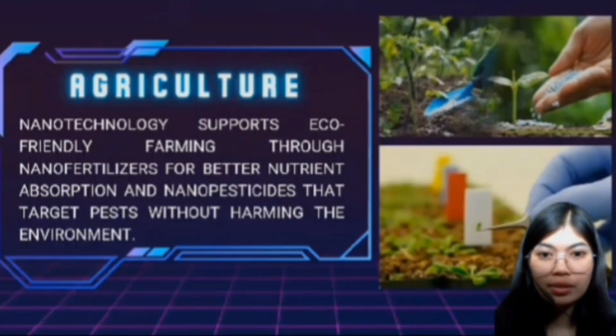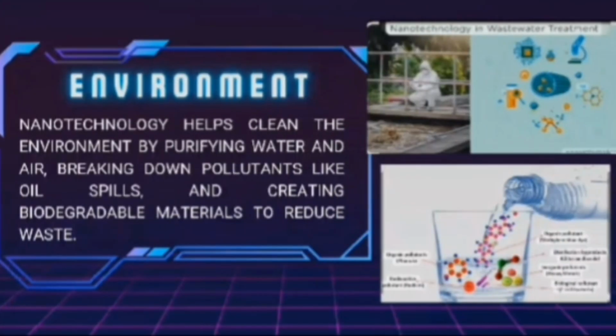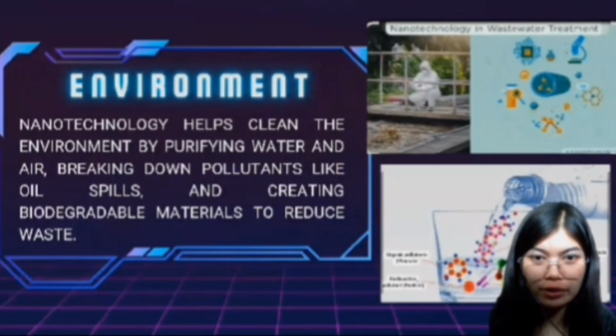Agriculture. Farmers benefit from nanofertilizers that release nutrients slowly, so plants absorb them better. There are also nanopesticides that kill harmful pests without damaging the soil or water, making farming more eco-friendly. Lastly is environment.